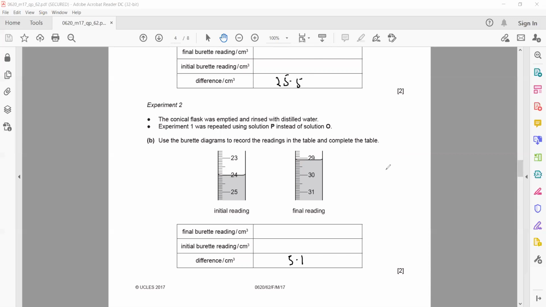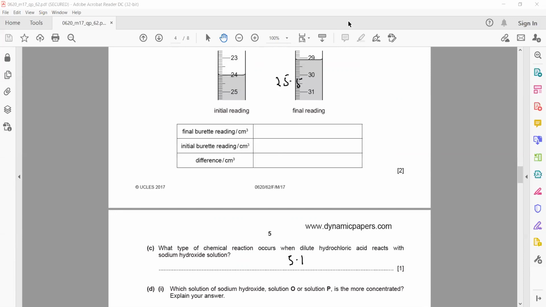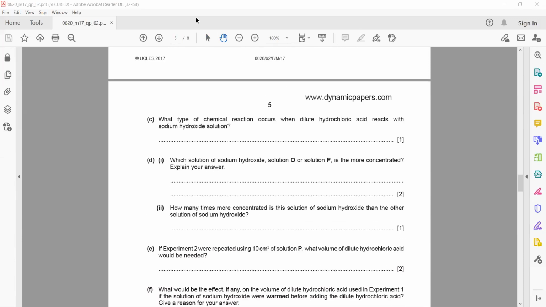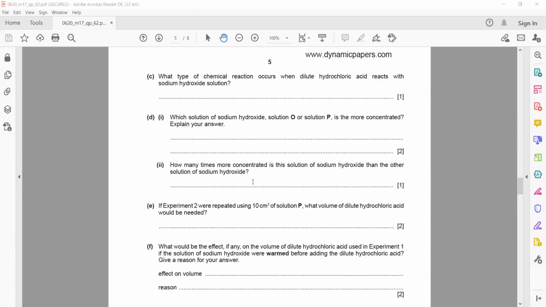Now, if experiment 2 was repeated using 10 cm cube of solution P, what volume of hydrochloric acid is needed? In experiment 1 we used 20 cm cube of O, then in experiment 2 we repeated with P and the same amount, 20 cm cube.